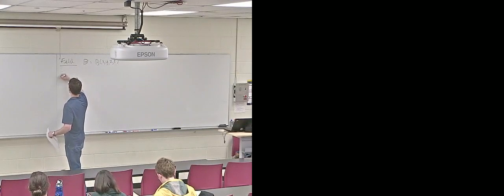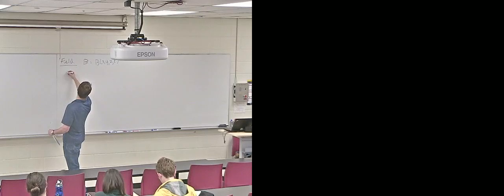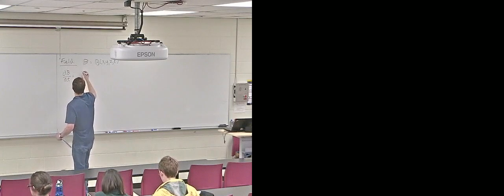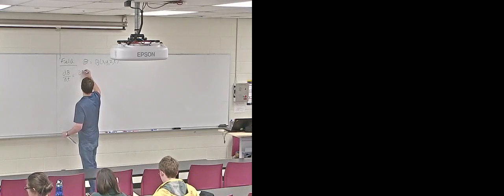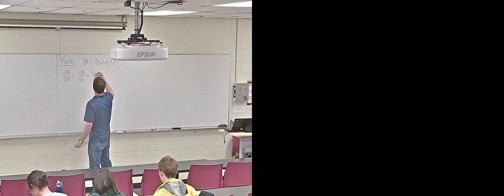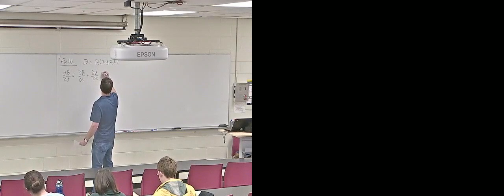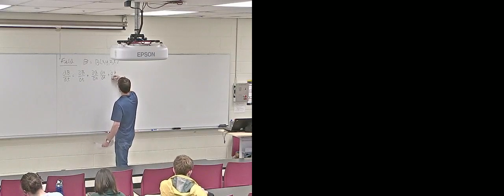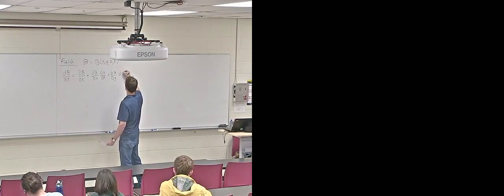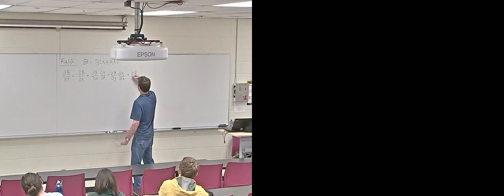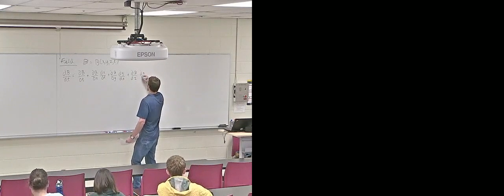So the way we did so was that db/dt is equal to partial b partial t plus partial b partial x partial x partial t plus partial b partial y partial y partial t plus partial b partial z partial z partial t.